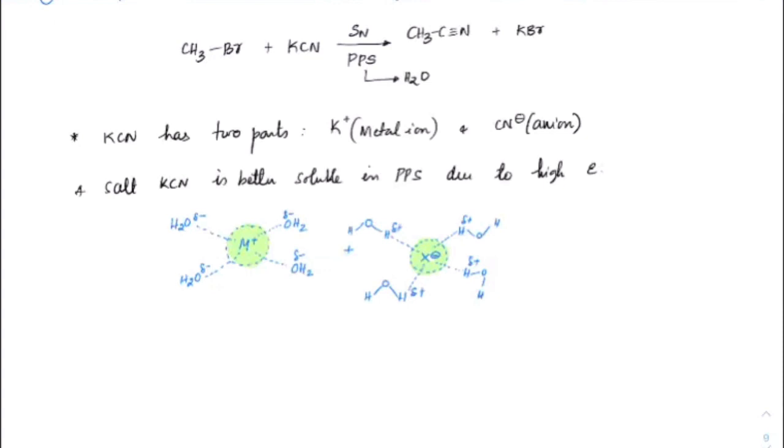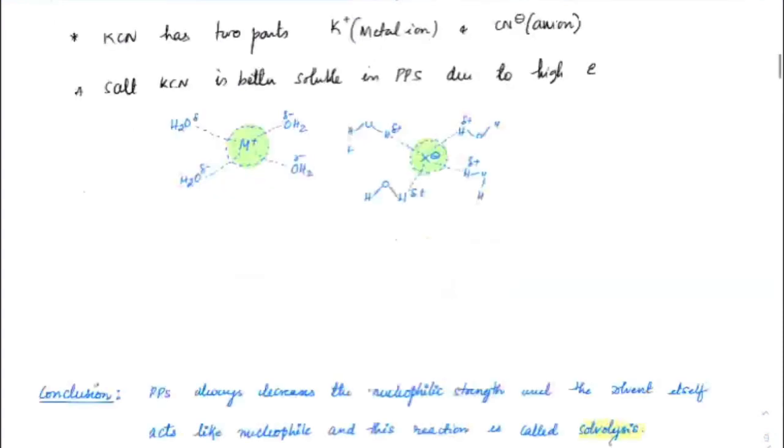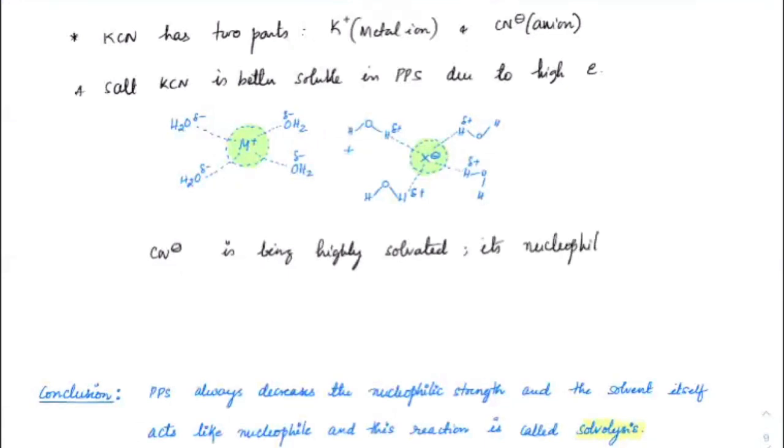So here we can see that CN minus is being highly solvated, hence its nucleophilicity, or nucleophilic strength, decreases.